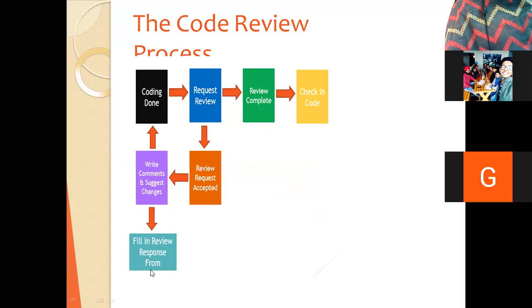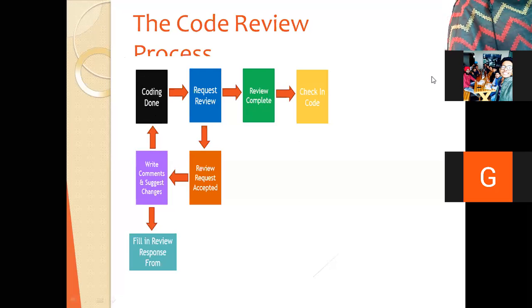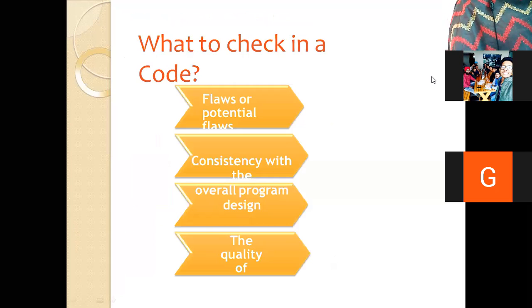Fill in the review response form, and after writing comments and suggestions, you can again say that the coding is done. Again, if you feel like it, you can put in a request for review. If there is no request for review, you can move towards review complete and check in code. This is how code review can be done as a process.